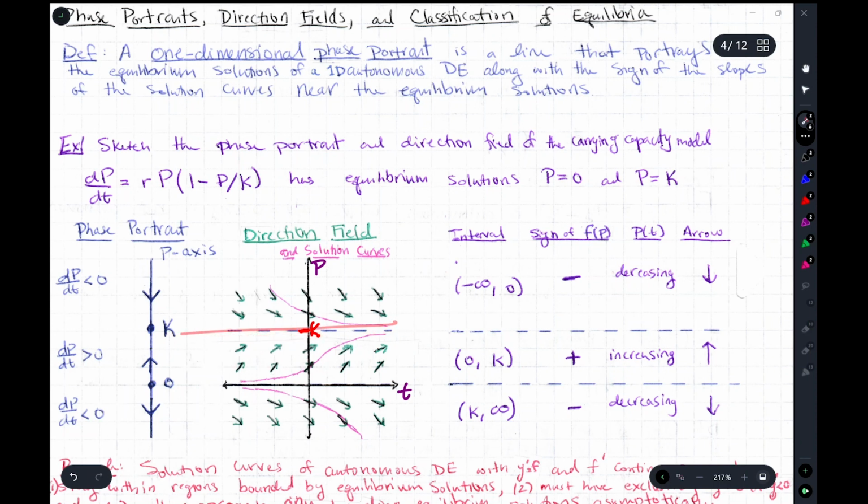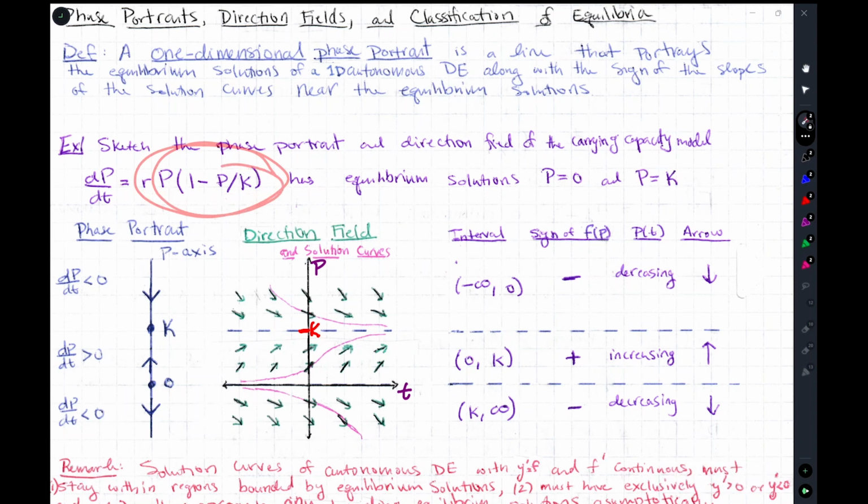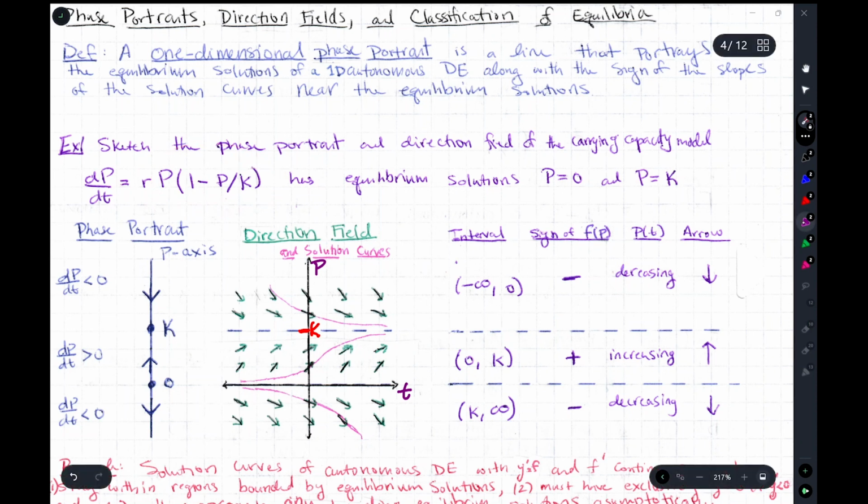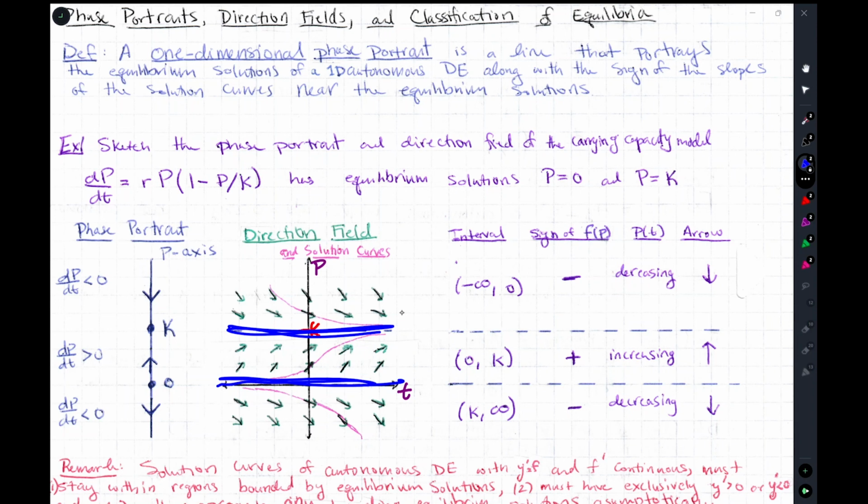And where are the equilibrium solutions? They occur at the critical points of f(P). When is this 0? This will be 0 when P equals K or P equals 0. And that's why you're getting these horizontal lines, which are equilibrium solutions.